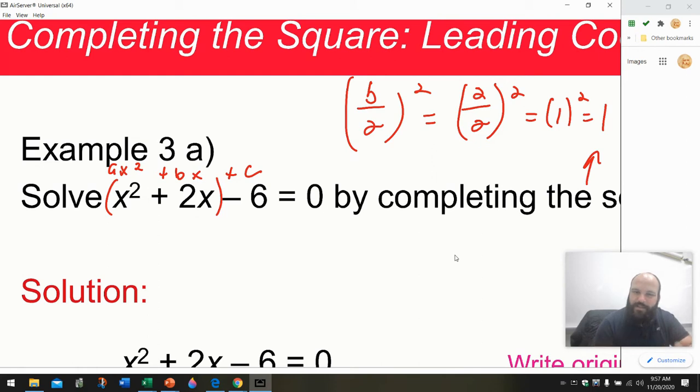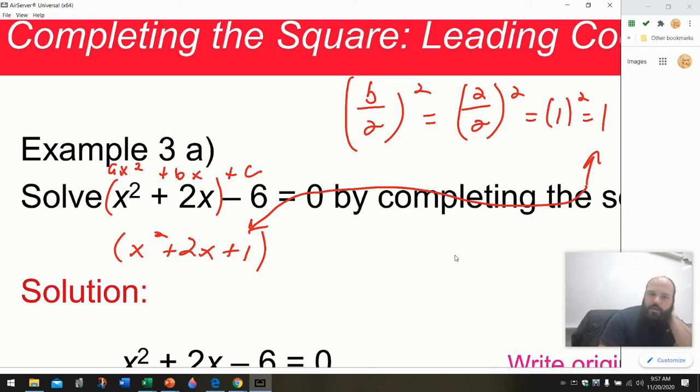We're going to expand the equation. So I'm going to leave the x squared plus 2x there, but I'm going to include a positive 1. That positive 1 comes from what we got using the formula b over 2, the quantity squared.